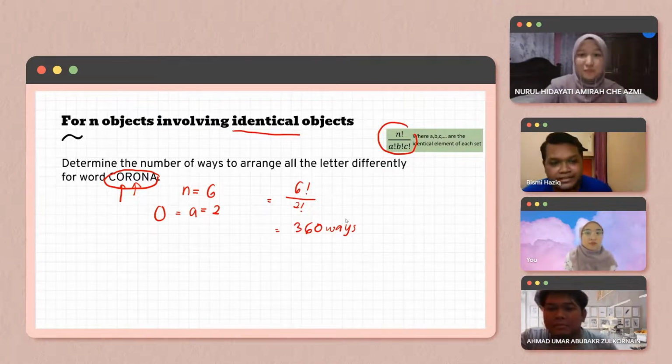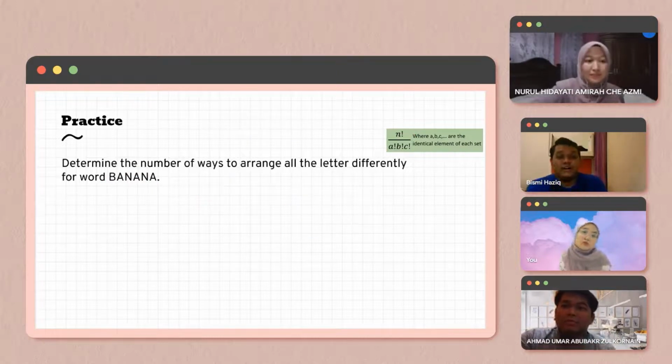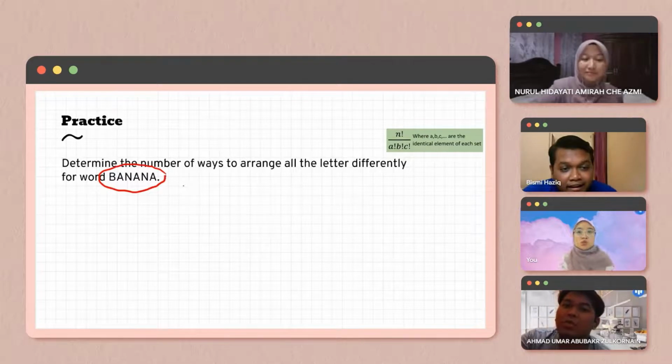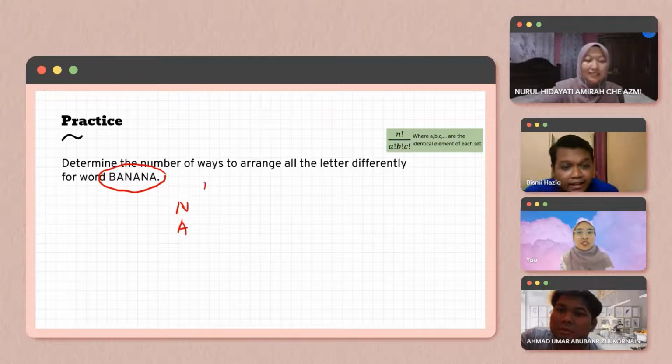What is the word banana? How many identical elements are in here? Two, N and A. How many N here? Two. How many A? Three.